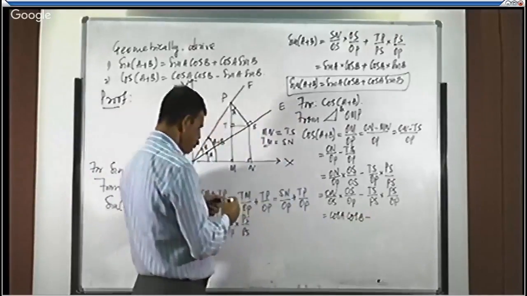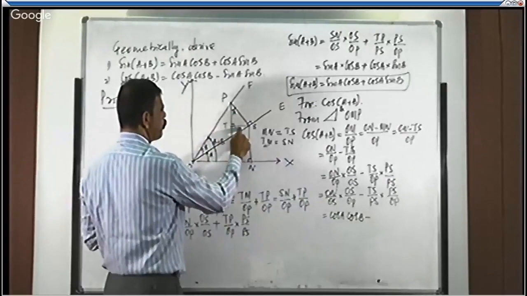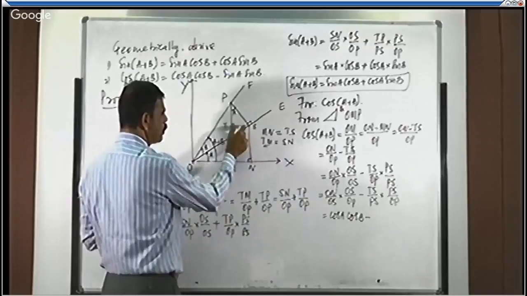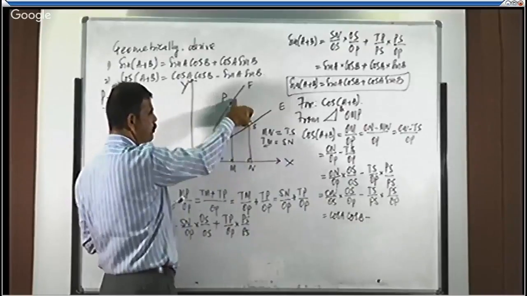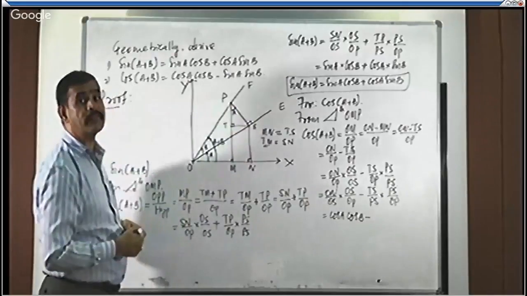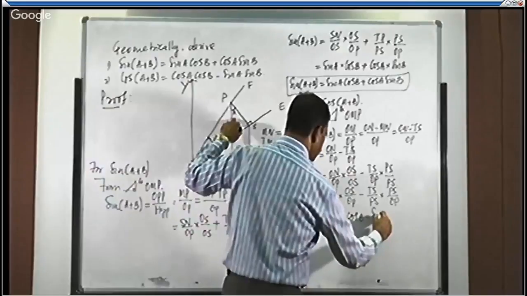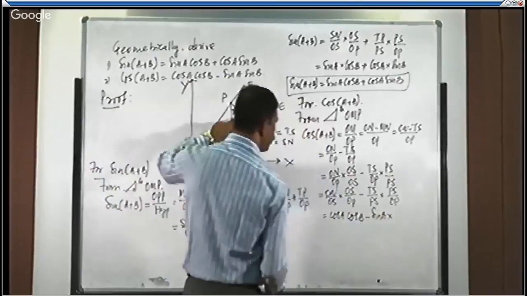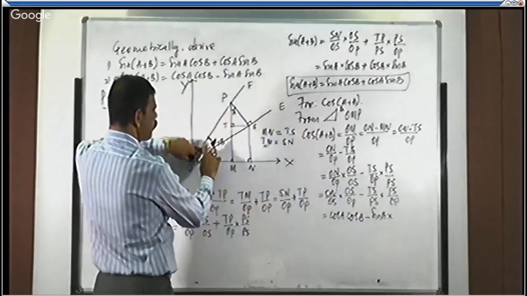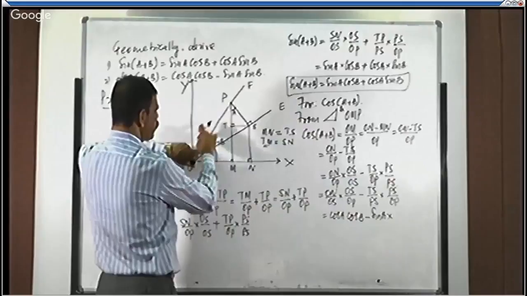Minus TS by PS. This is TS. PS. This one is PS. In this small right angle triangle, this is opposite side, this is hypotenuse side. Right? Opposite side by hypotenuse side will be sine of angle A. Sine A. Sine A into PS by OP. This is PS, this is OP. You take it for angle B. For angle B, this is opposite side. This is hypotenuse side.